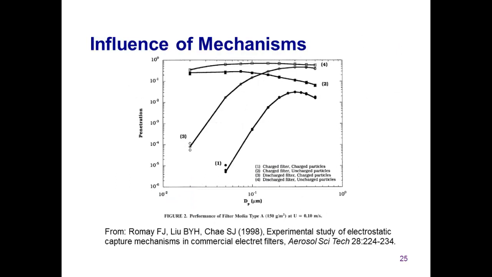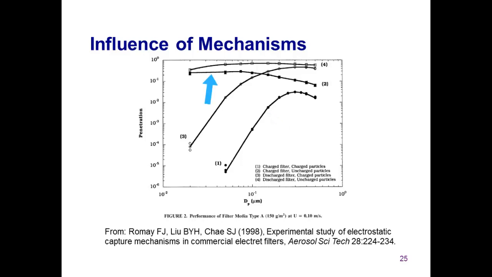The influence of electrostatic attraction on filter efficiency is illustrated in this figure from a 1998 study by Romay and co-authors. The figure shows four curves of particle penetration, not efficiency, on a logarithmic scale versus particle diameter on a log scale. Curve number 1 is for a filter that carried electrostatic charges and particles that each carried one elemental charge.